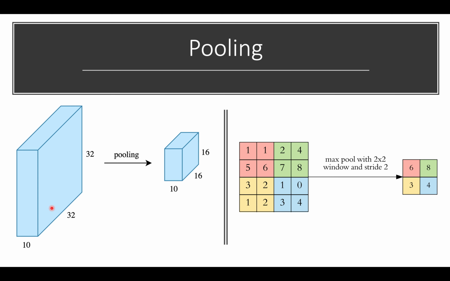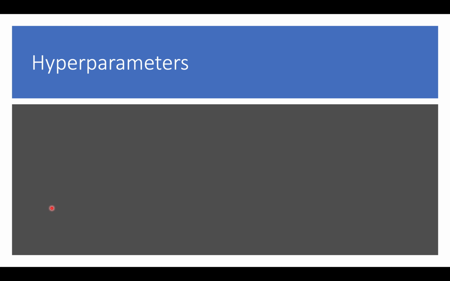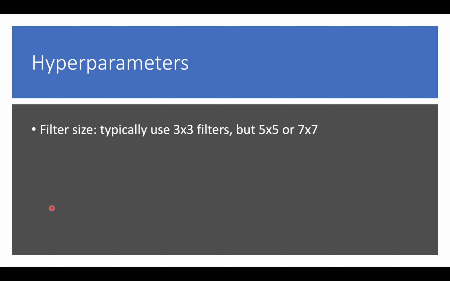Let's now consider a convolutional layer, ignoring pooling, and go over the hyperparameter choices that we need to make. We have four important hyperparameters to decide on. First is the filter size. We typically use 3 by 3, but 5 by 5 or 7 by 7 are also used depending on the application.